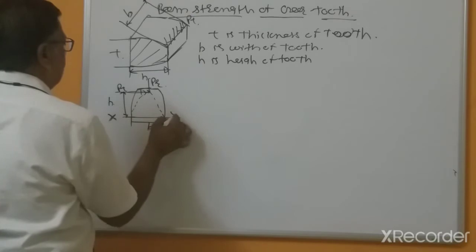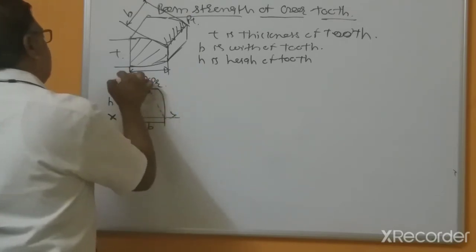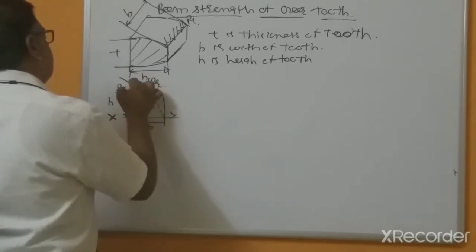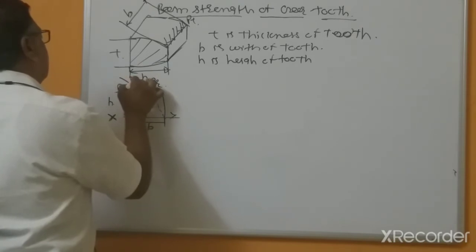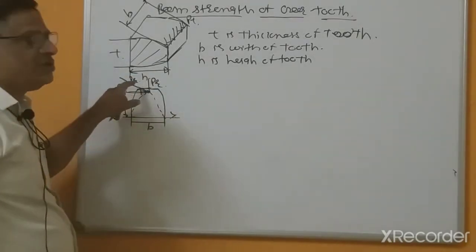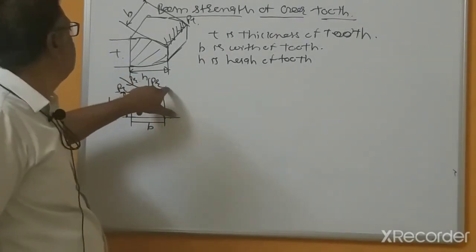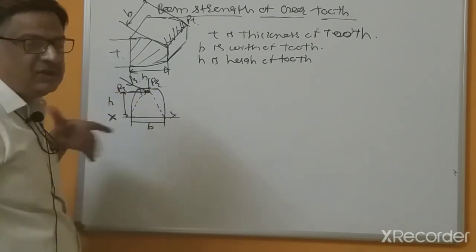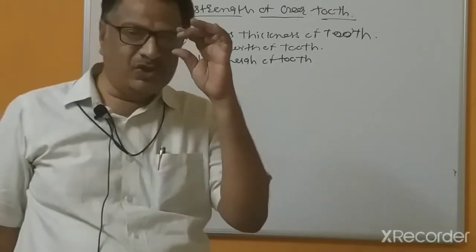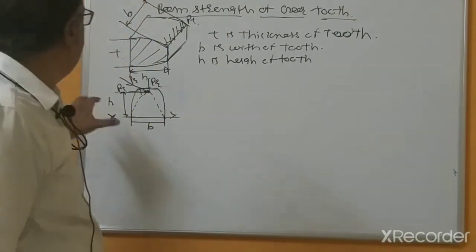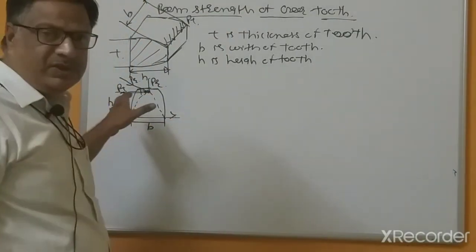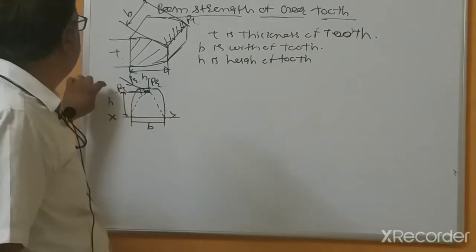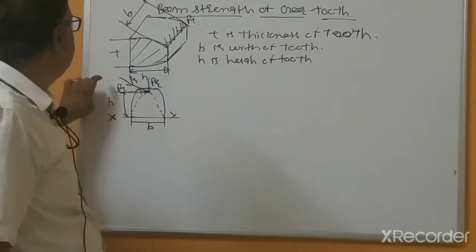The actual force is the resultant force, having a radial load component and a tangential load component. For calculation purposes, we assume this is a cantilever and consider the maximum failure of the teeth due to the tangential load.